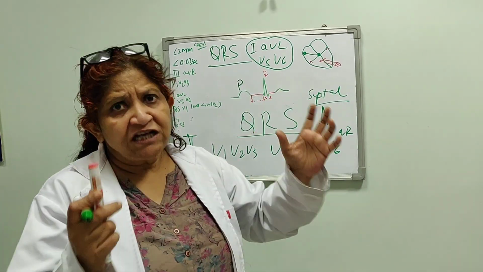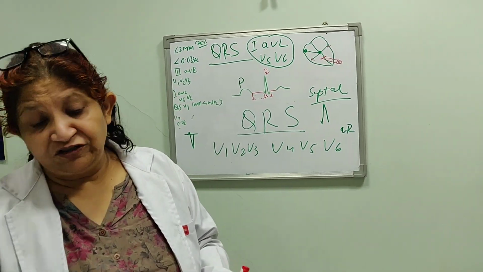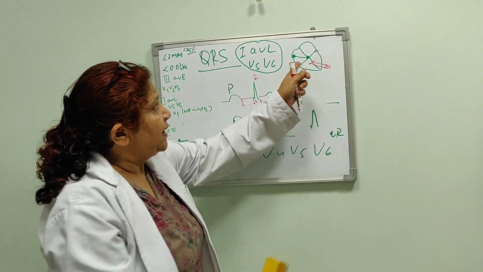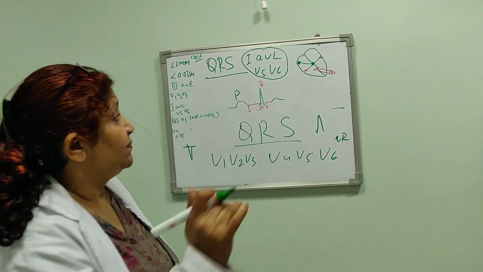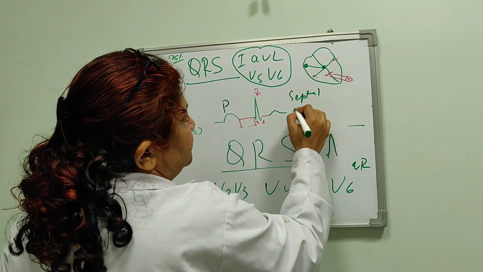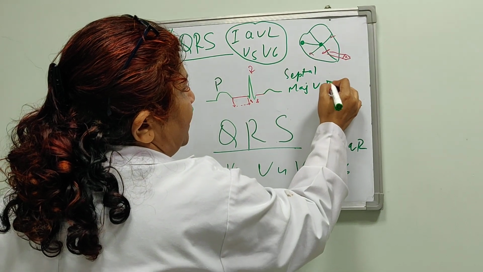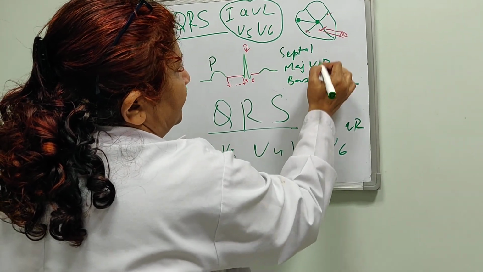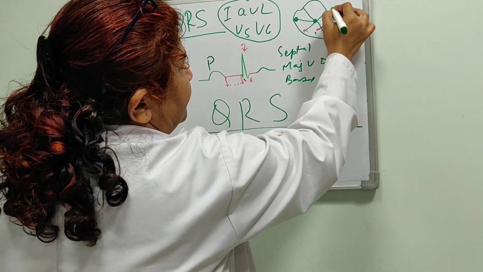Then comes the last part of the ventricular depolarization, and that is the basal ventricular depolarization. So first was septal, next was major ventricular depolarization, and the third one is basal. This is the first, this is the second, and this is the third.